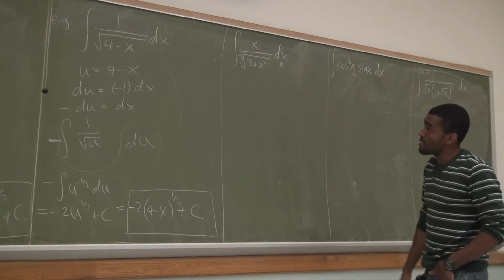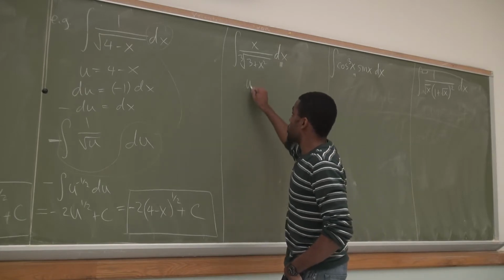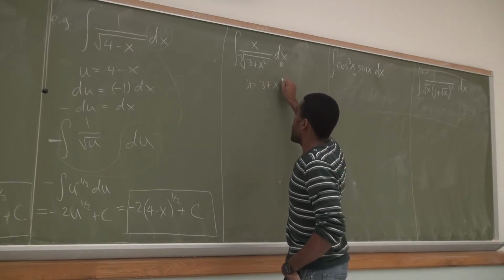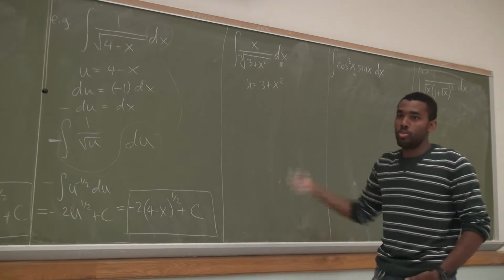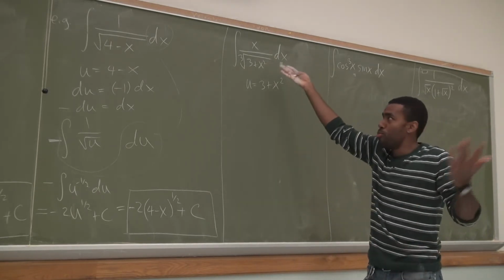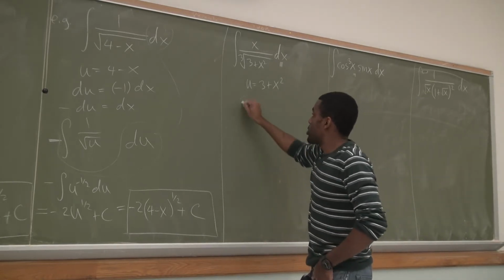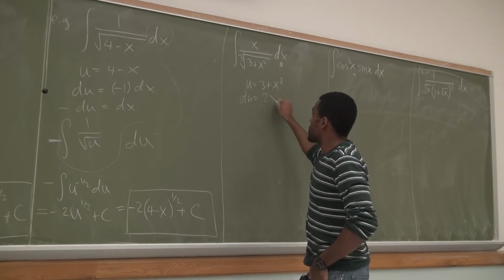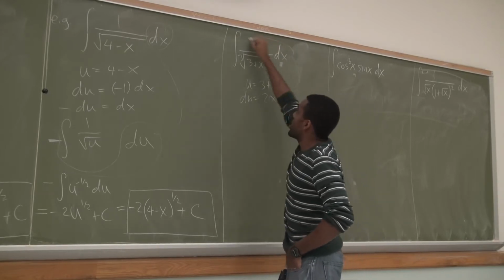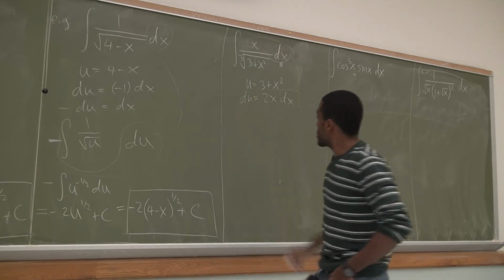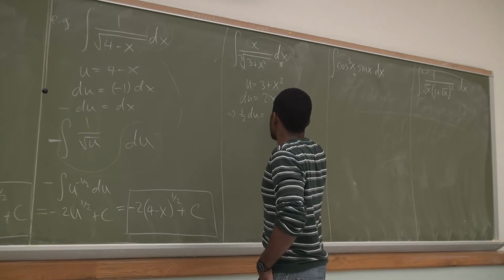What's u here? u equals 3 plus x squared. Why would I not take the cube root? Because when you find the derivative, I won't have the derivative there. However, if I find the derivative of this guy, that's just 2x dx, and this x dx is right there. This means 1/2 du gives me that x dx.